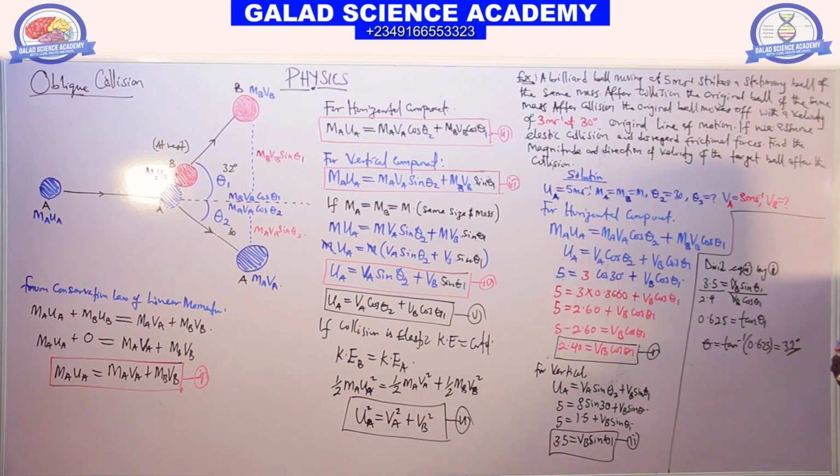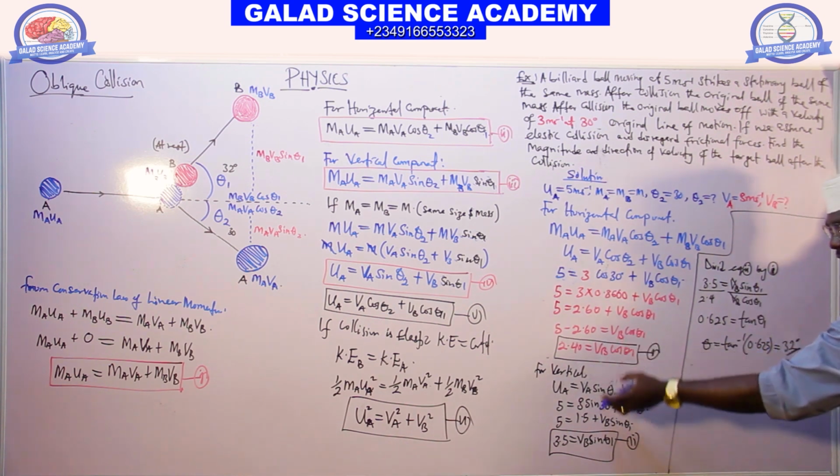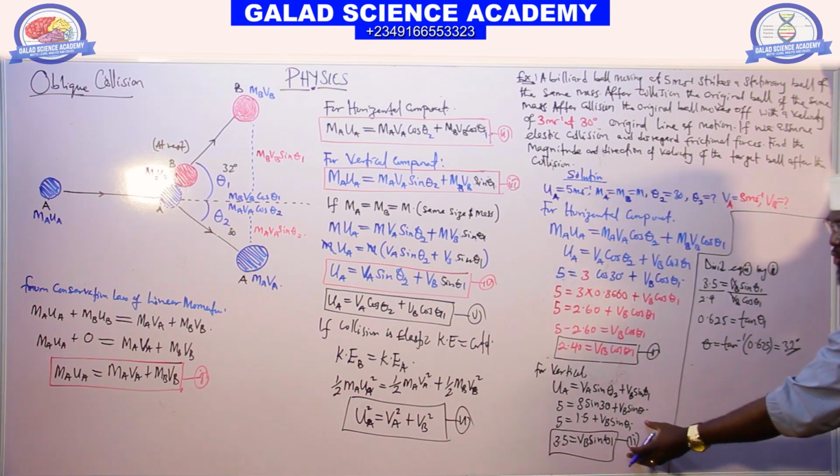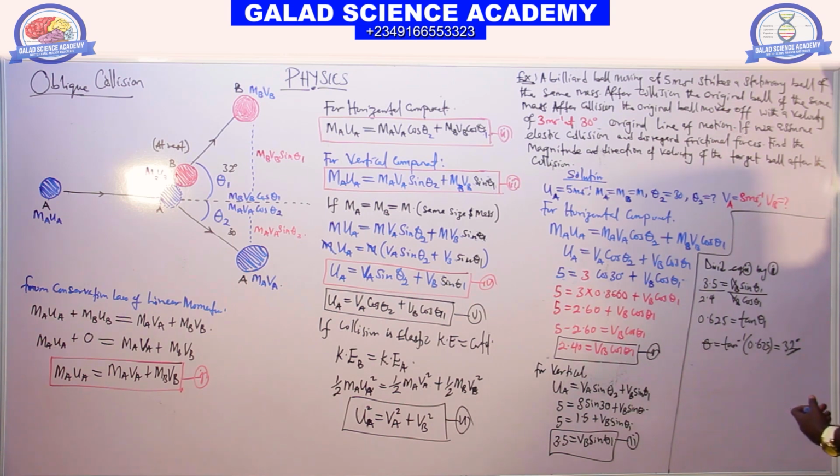To know the velocity now, you can square equation 1 and square equation 2, then add the two together.